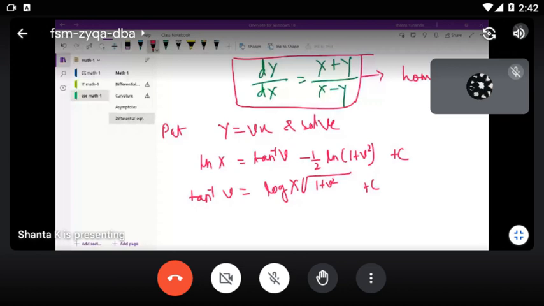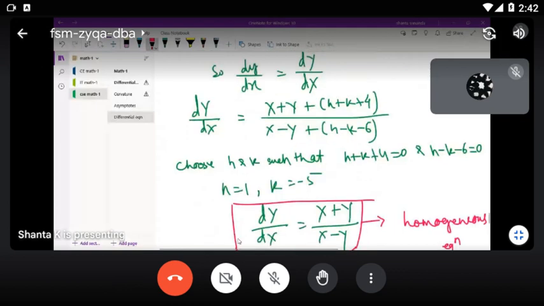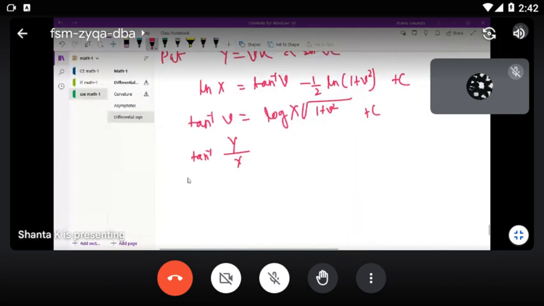And for v you can substitute, and we already have the values of h and k. So tan inverse v is tan inverse of capital Y by X. So h and k we already have, 1 and minus 5.